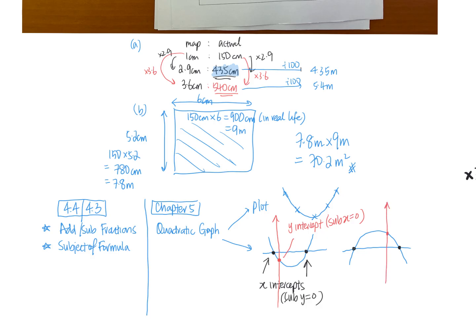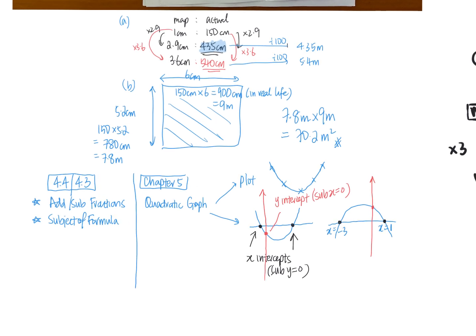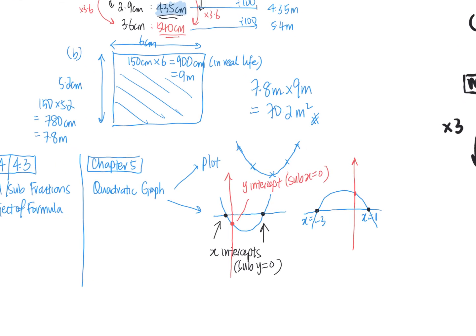Okay, next is how to find line of symmetry. Can you all remember how to find line of symmetry? If this is -3 and this is 1, how to find line of symmetry? Can you remember? Line of symmetry is always in the middle here, and your parabola is symmetrical, right?